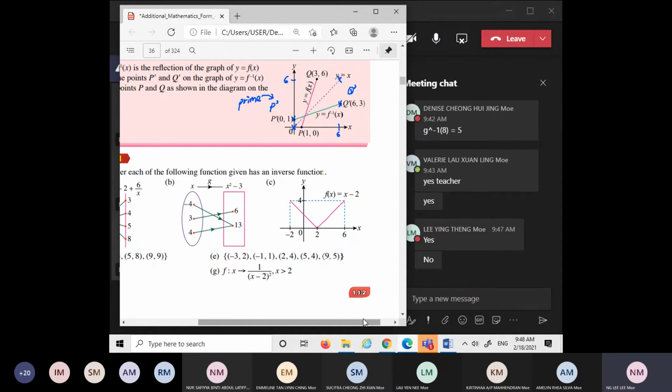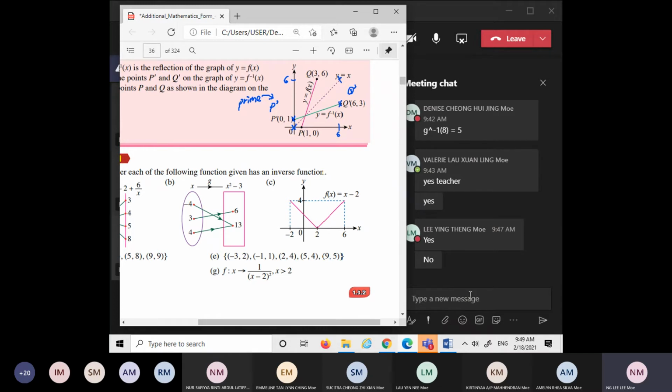Can you give a reason why? Just now for A, your friend said it has an inverse function because this is a one-to-one function. So now for B, you are saying this function does not have an inverse function. What is the reason?